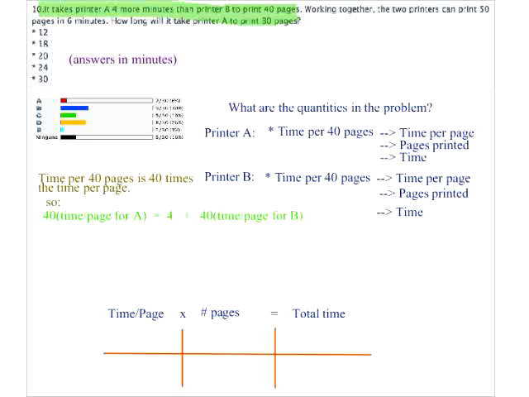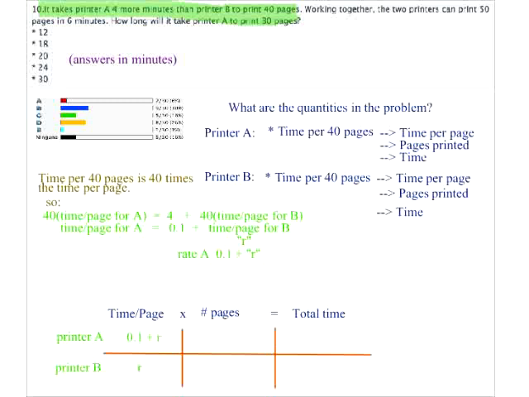So we can divide that whole thing by 40 to give time per page for A is 0.1 plus time per page for B. Let's let this be rate R. So the rate for B is R, and the rate for A is 0.1 plus R.